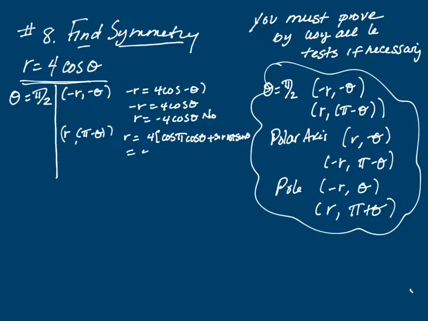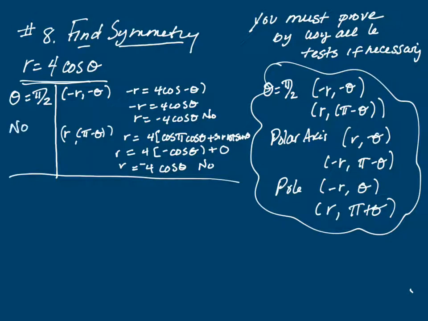So that is equal to 4, and the cosine of pi is negative 1, so I have negative cosine theta out in front, not the angle, plus the sine of pi is 0, so plus 0. So I get r equals negative 4 cosine theta. So that's also a no. So I've checked both, and theta equals pi over 2 is a no.